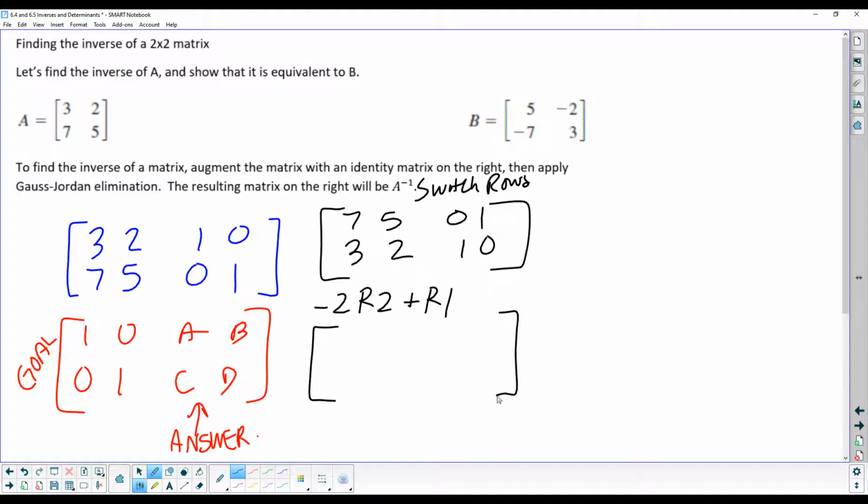So -2 times 3 plus 7 gives me 1. -2 times 2 plus 5 also gives me 1. -2 times 1, adding to 0. -2 times 0 plus 1.